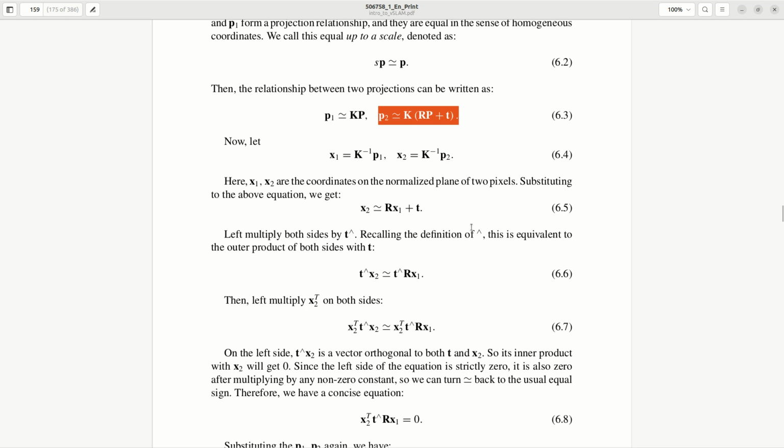And then doing this basic inverse operation, we are able to arrive at this equation.